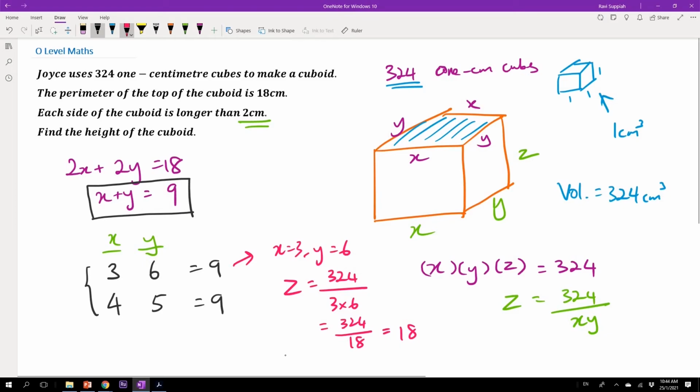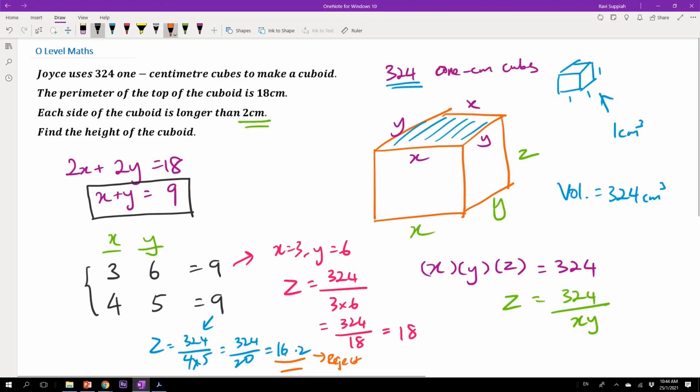If I take the other combination, z will be equal to 324 divided by 4 times 5, which is 324 divided by 20, and that will give me 16.2. Since each cube has a fixed dimension of 1, having any dimension x, y, or z with a decimal point cannot be a possible answer. So this is rejected.